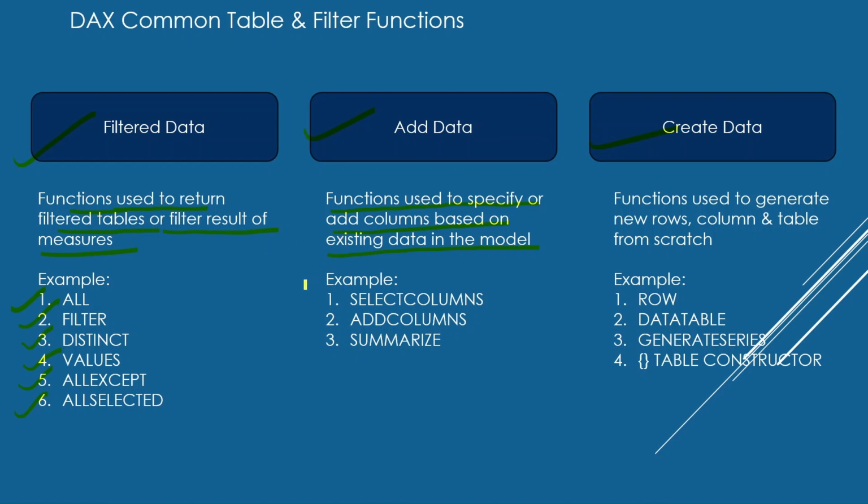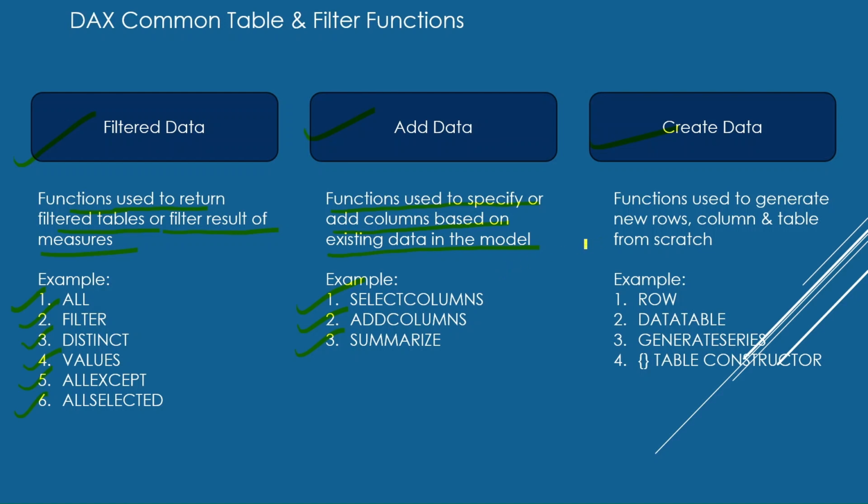Some of the common add data functions are SELECTCOLUMNS, ADDCOLUMNS, and SUMMARIZE. We will see each and every add data table and filter function in detail in the coming videos.